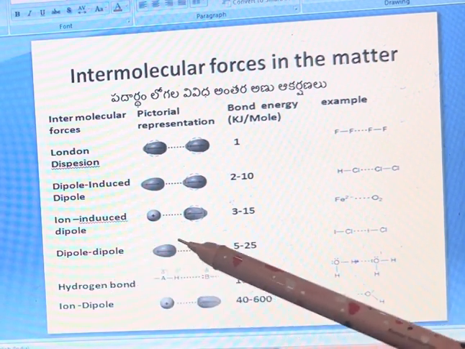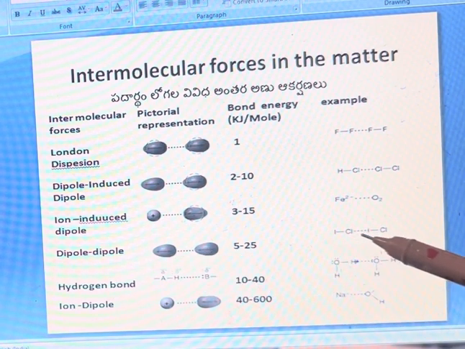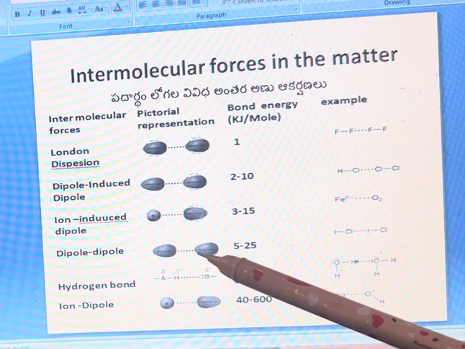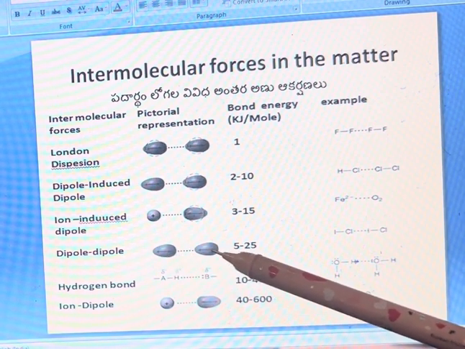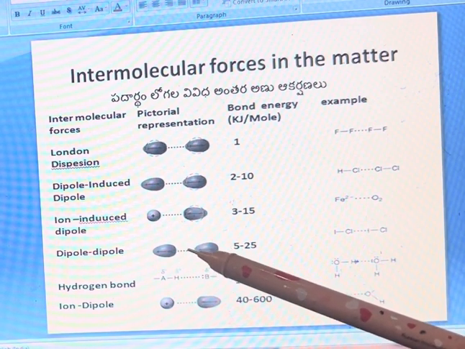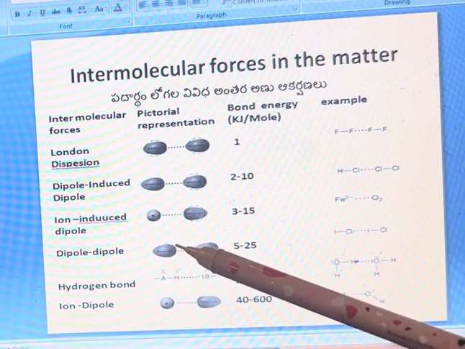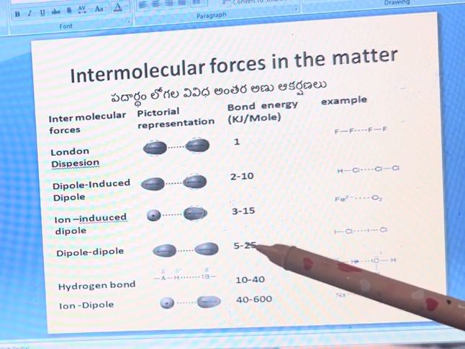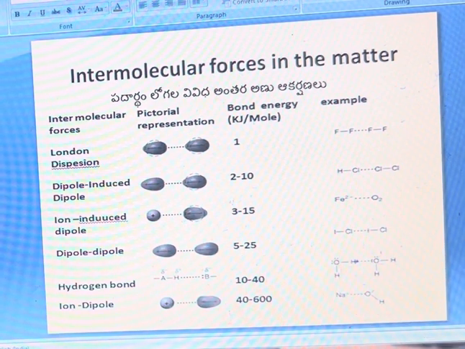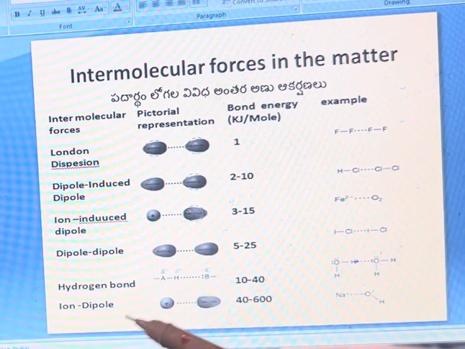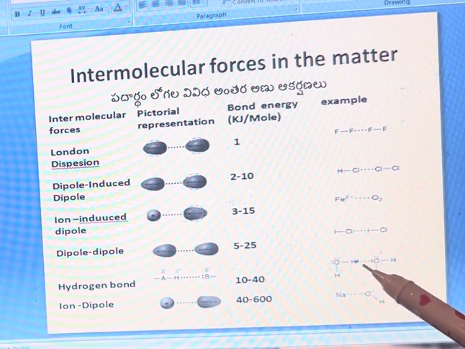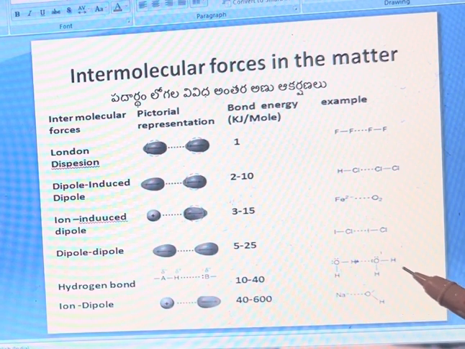Next, dipole-dipole attraction, HCl and HCl, or ICl and ICl, or HBr and HBr. Both are permanent polar molecules. The attraction between the positive charge and the negative charge is somewhat stronger, 5 to 25 kilojoules per mole. Hydrogen bond is in H2O and H2O, HF and HF, similarly ammonia and ammonia.